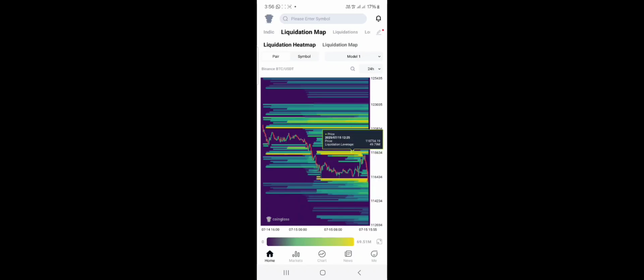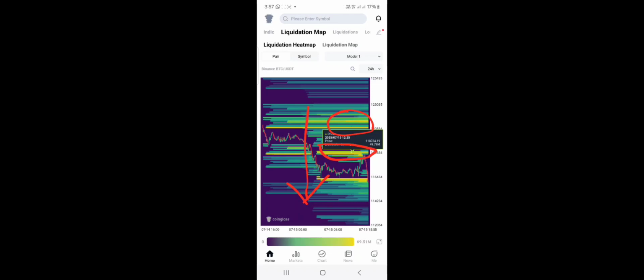Now we have liquidity to the buy side. You see the liquidities we have now are liquidities to the buy side. So possibly this market can now reverse to the upside, because if you see this liquidation heat map, there is no other liquidation to the downside.